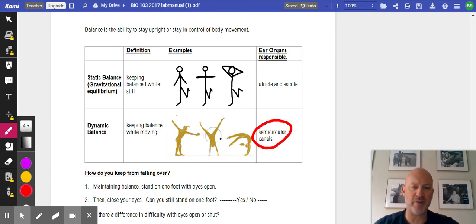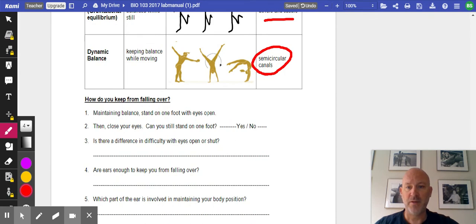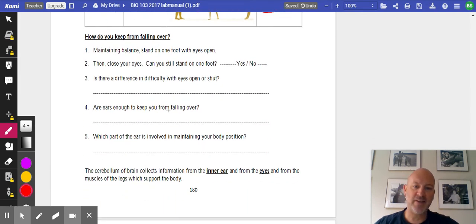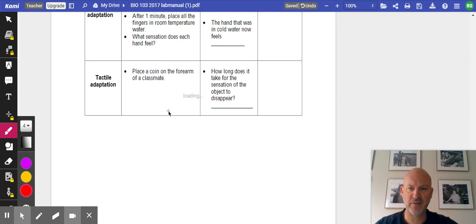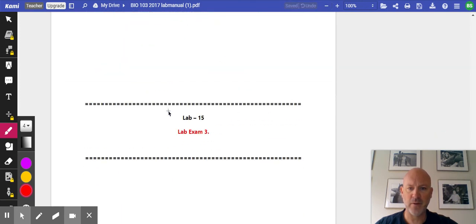It gives you information if you're spinning, where the utricle and saccule is more for gravitational equilibrium, keeping you balanced, letting you know if you're accelerating, decelerating, or changing if you're moving up and down. All right. So you could do these activities if you like. Obviously, not going to be a requirement.